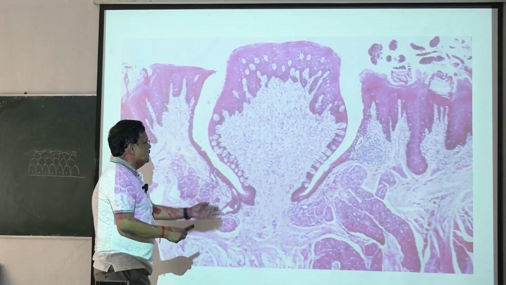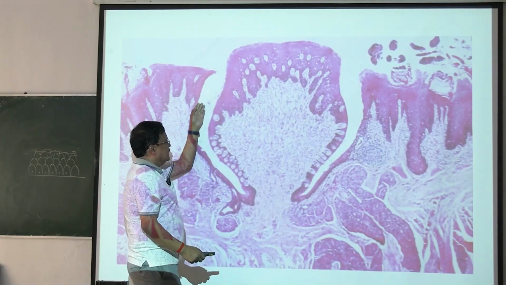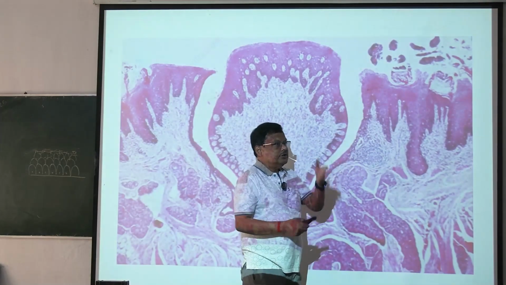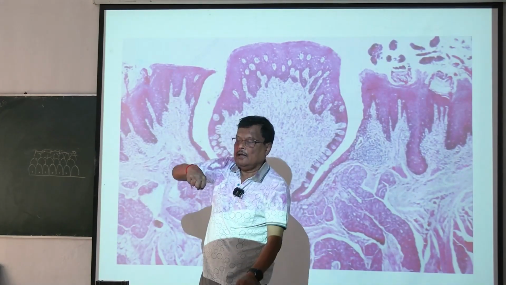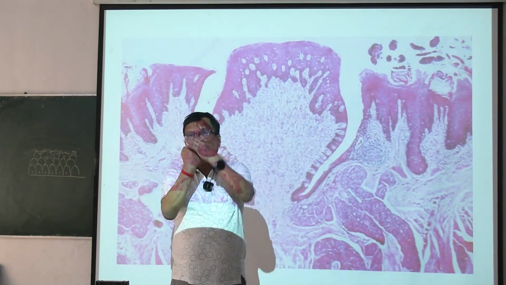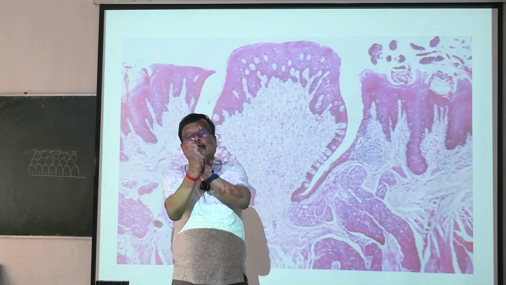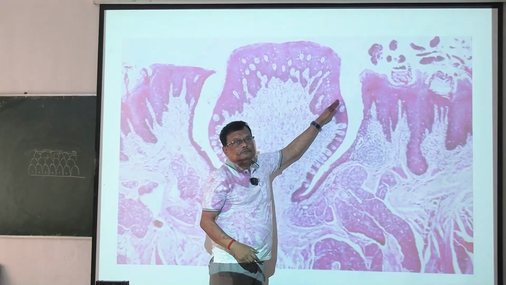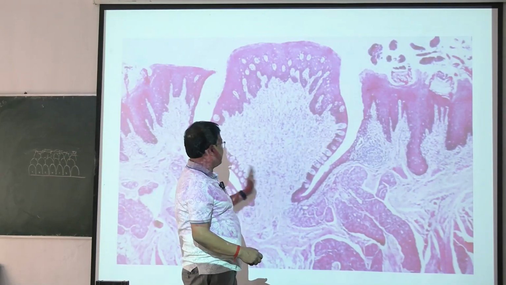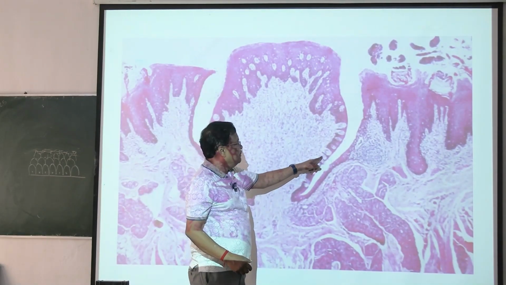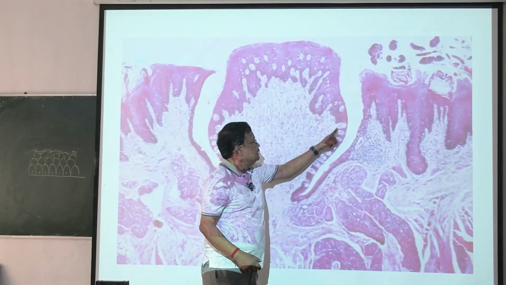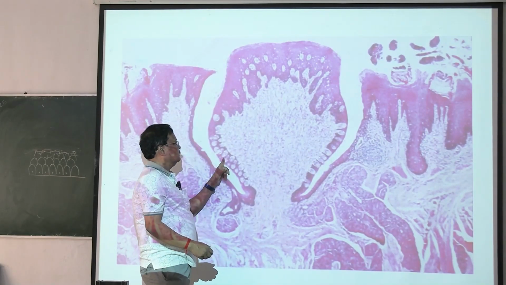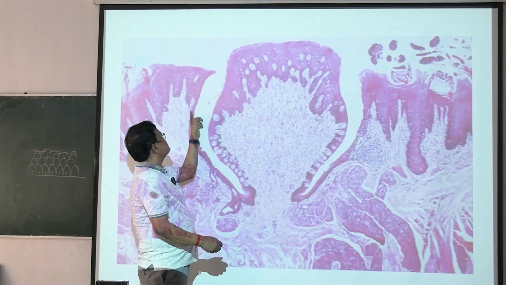Beautiful, this is also like a mushroom, but there is a deep depression, one on the outside. Actually it is a cut section, and it looks like that in three dimensions, and surrounding it there is a canal. And on the epithelium you will see these pale staining areas. These are the taste buds.